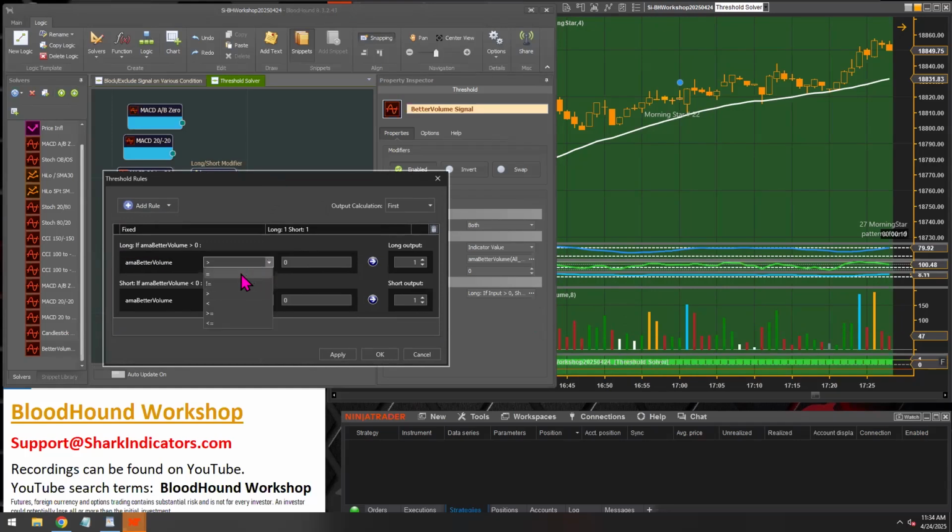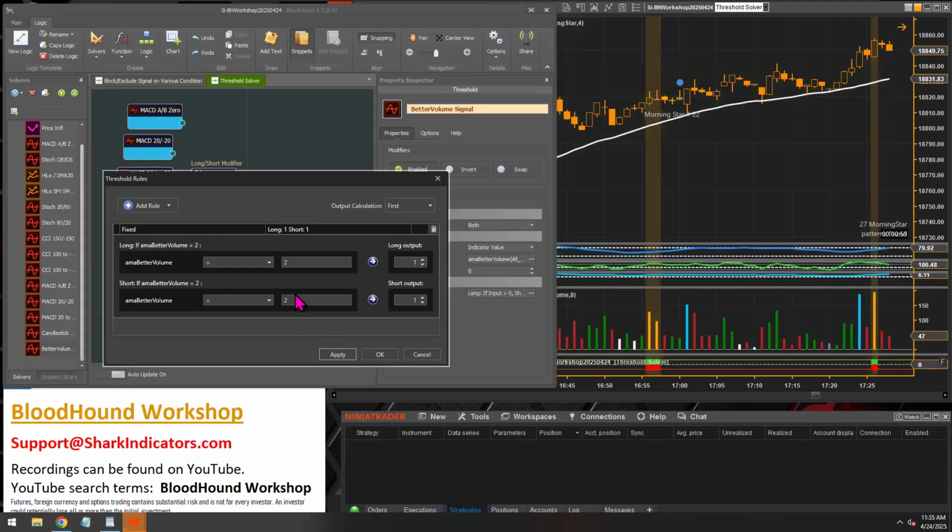And again, this is where you need to go to the documentation for these custom indicators. But I know that basically this indicator, certain values identify certain colors here. So let's see what 2 does. There we go. So 2 identifies this orange color, right?